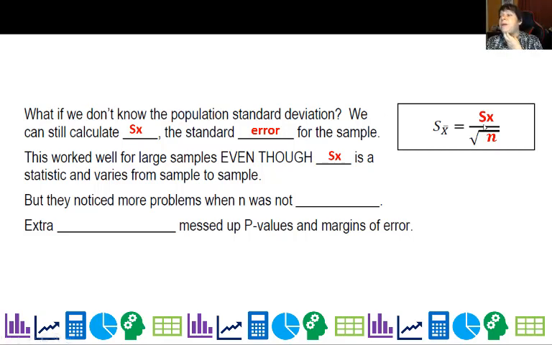So this formula looks a little different from your math chart because this is coming from a sample. But they noticed more problems when n wasn't very big, because even with small n's, they're still messing up. So that extra variation is an issue.